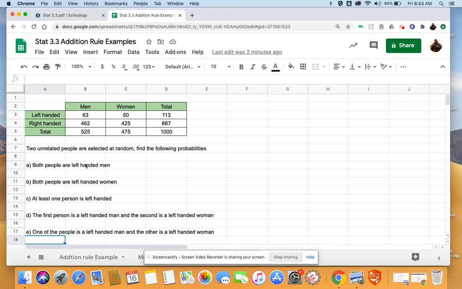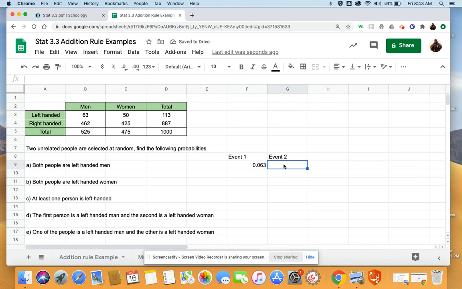Find the probability that both are left-handed men. There's no conditional statement. It doesn't say given that they're men. It just says both are left-handed men. So, again, 2 events. Event 1 and event 2. They ask us, left-handed men, how many left-handed men are there? 63 out of how many people total? 1,000, equals 63 divided by 1,000.